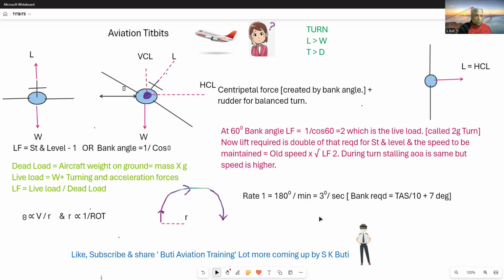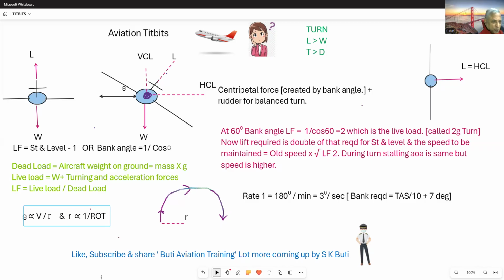So this is the basic knowledge which is required for the turns. And these questions are asked in navigation as well as technical exams. So at a constant theta, if you want to maintain the same radius, then you'll have to reduce your speed.